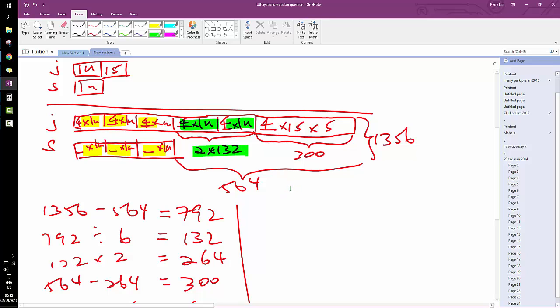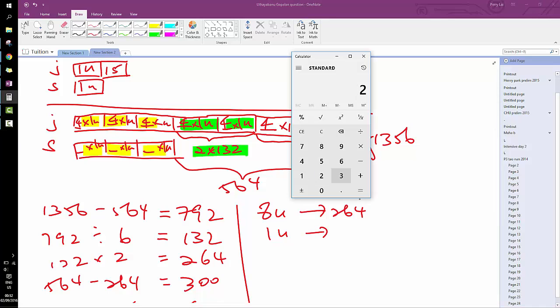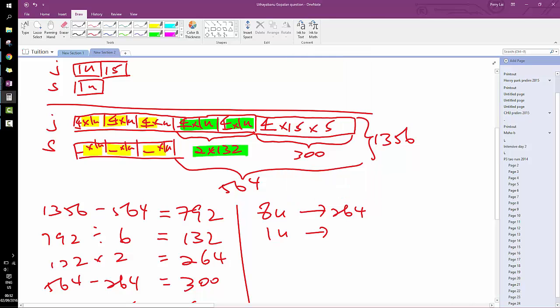So I can find the value of 1 unit. Let's see, so 8 units is, where did I work it out? 264. Let's do it again. 264 divide by 8. 33, there you go. That makes more sense. And 33 plus the 15 would give me the answer.